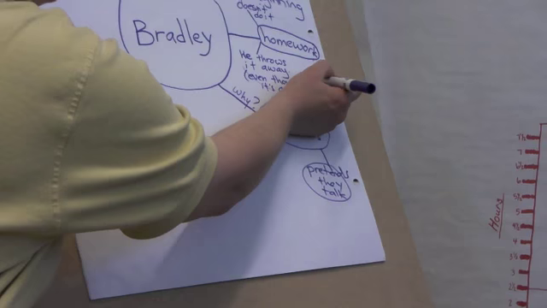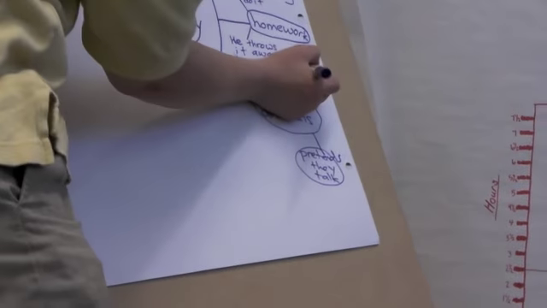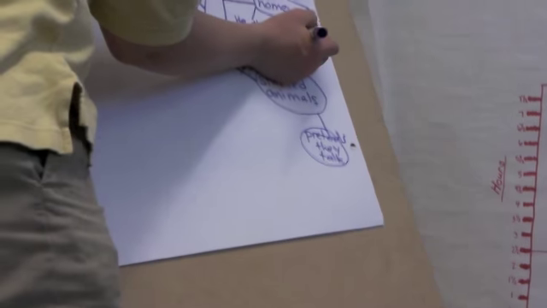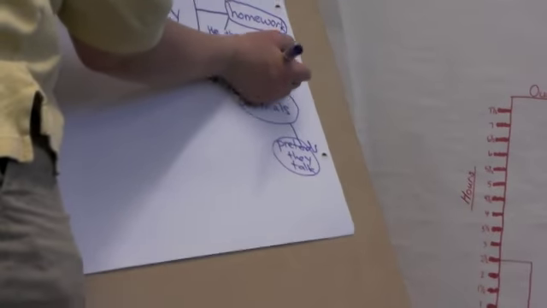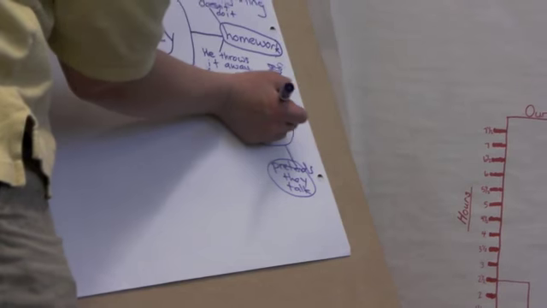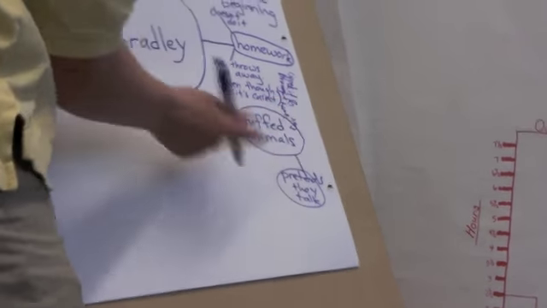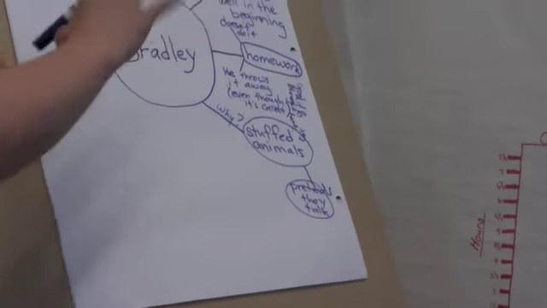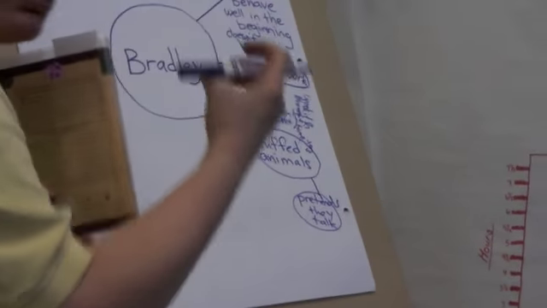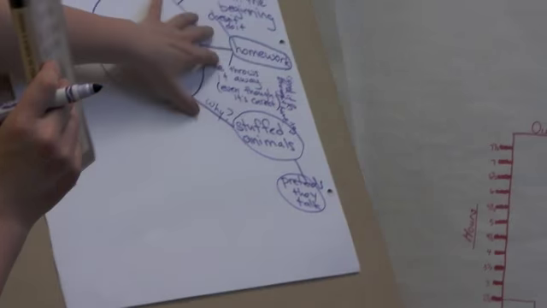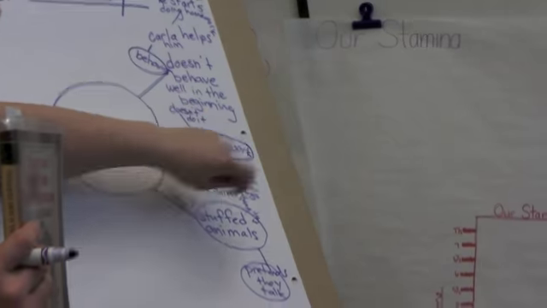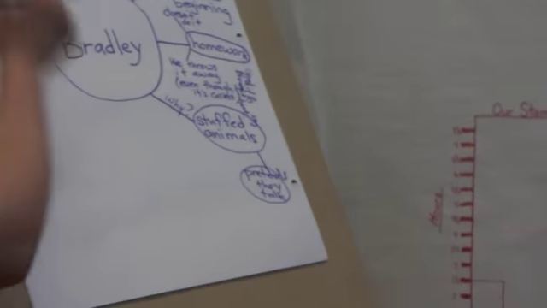It's kind of hard for me to write sideways, but ripped it and brought it home to stuffed animals. Okay, so these webs can get pretty complicated if you're really connecting pieces. But do you see how as we're building this character web, we're making connections between the character and different pieces of the book? I really love these.